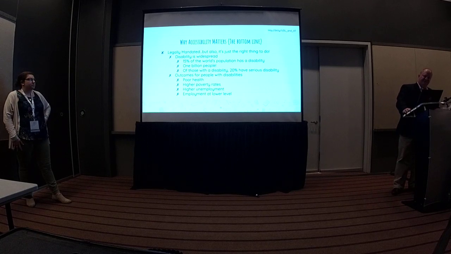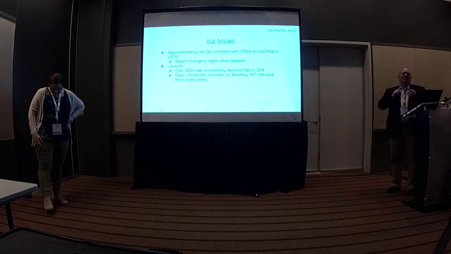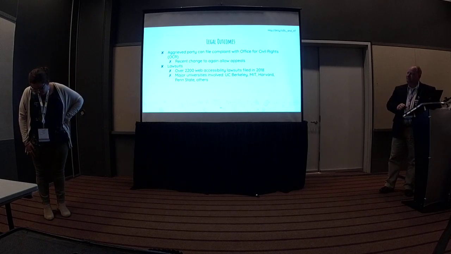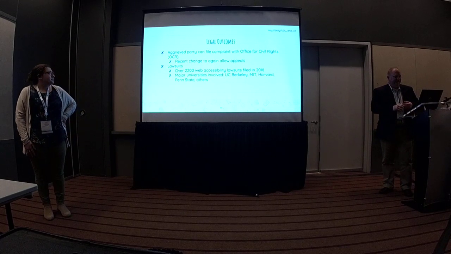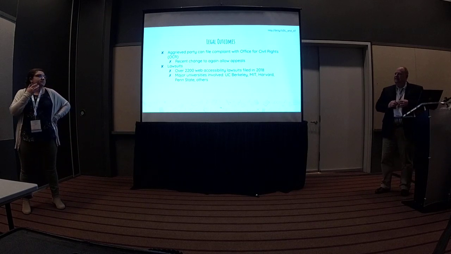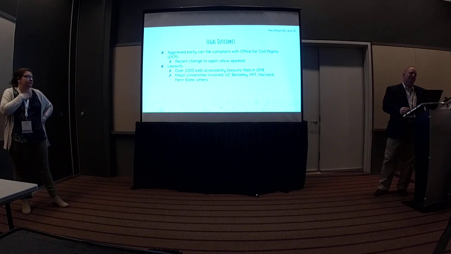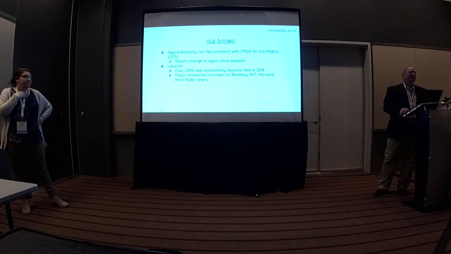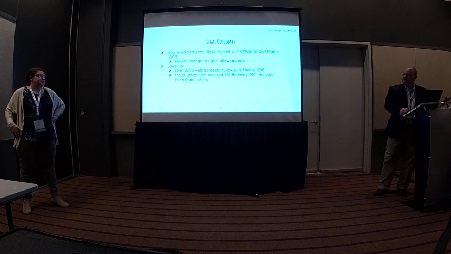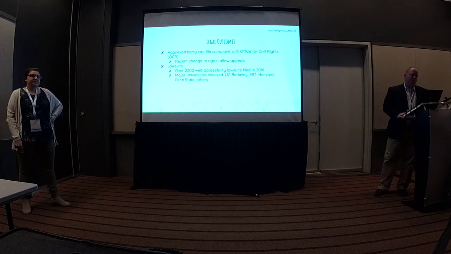So what happens if we don't effectively provide those services? Well, the aggrieved party can file a complaint with the Office for Civil Rights, and recently in 2018 they expanded their ruling, or they went back to an older ruling that allowed appeals. So there was a large increase of appeals, and it expanded, opened up some older cases too.